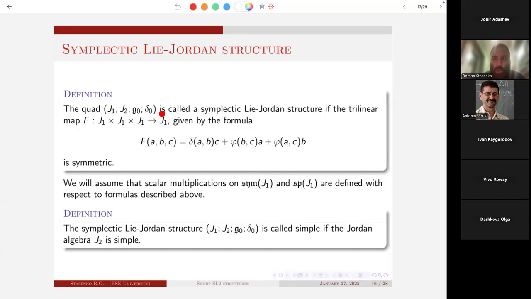As you see before in the Tits-Kantor-Koecher theorem, there is only one element we need to introduce, the Jordan algebra, and the construction can be derived from it. And now, if we consider short SL2 structure, not very short, the situation changes.